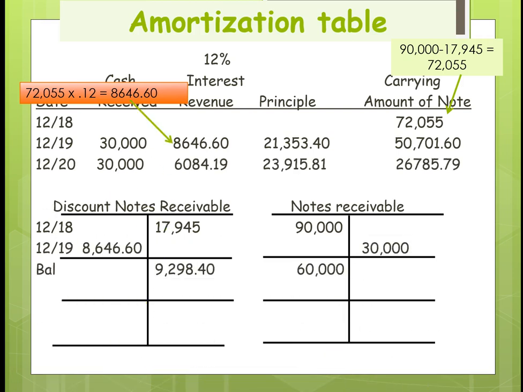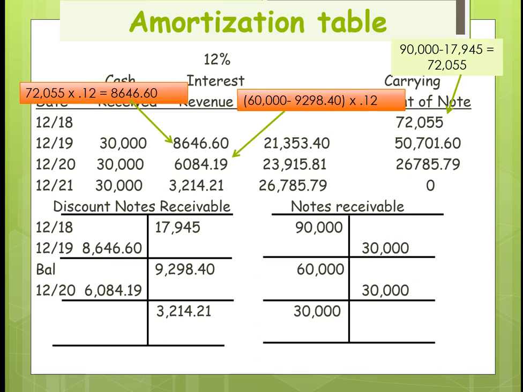The next year, we're going to take our principal of 60,000 minus 92, and that's going to give us 50,701.60 times 12%, and that gives us our next payment of 6,084.19.